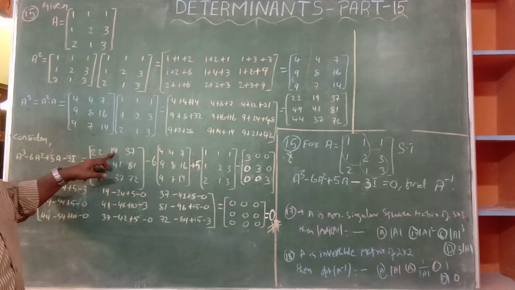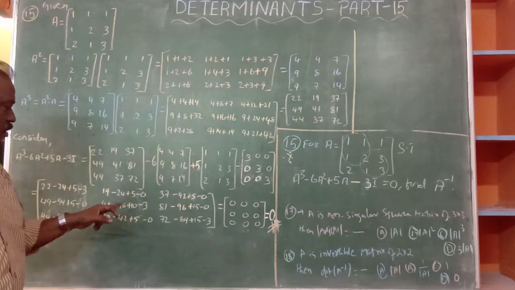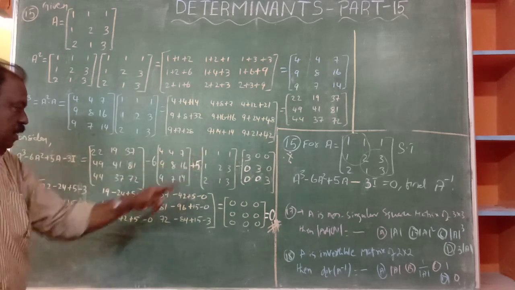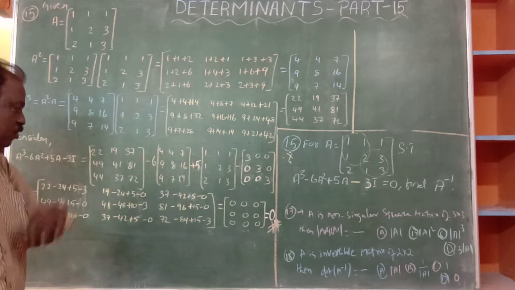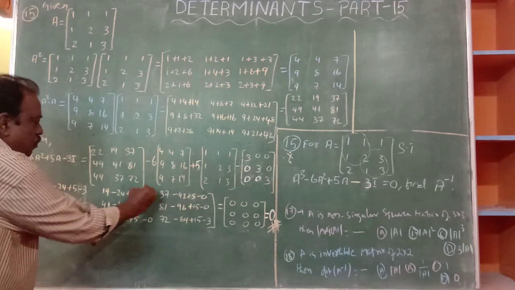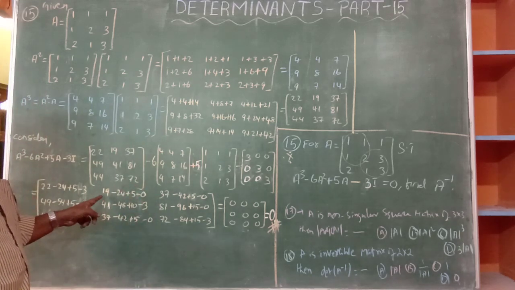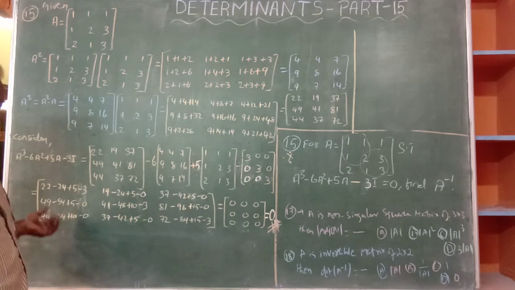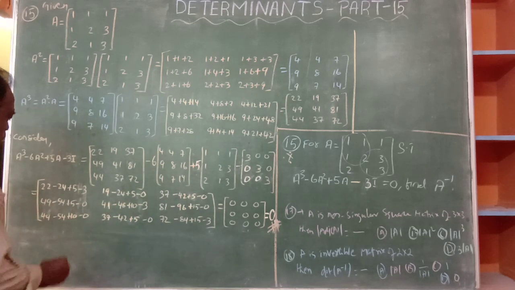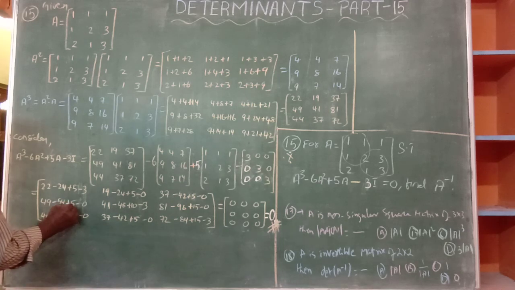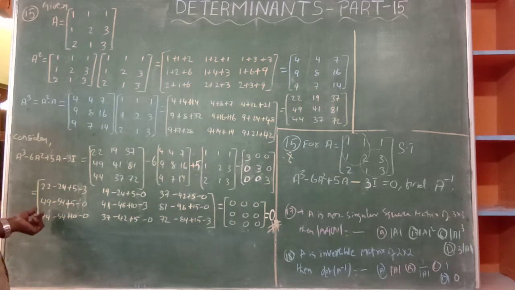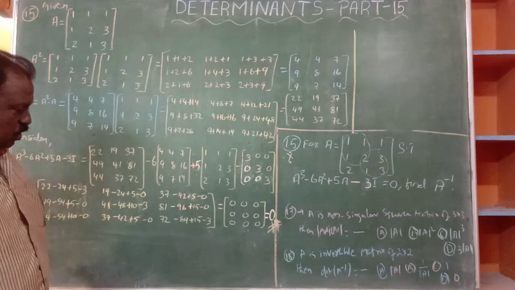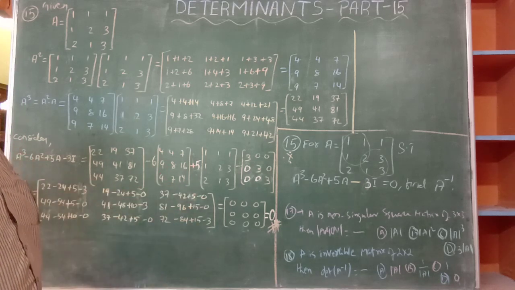Here also 19, this is somewhat difficult: 19 minus 24, and 5 plus 5, that is 0. 19 plus 4 is 24, minus 24 is 0. Like this, you slowly try to find out. Everywhere we get 0, so it is a zero matrix, a null matrix.